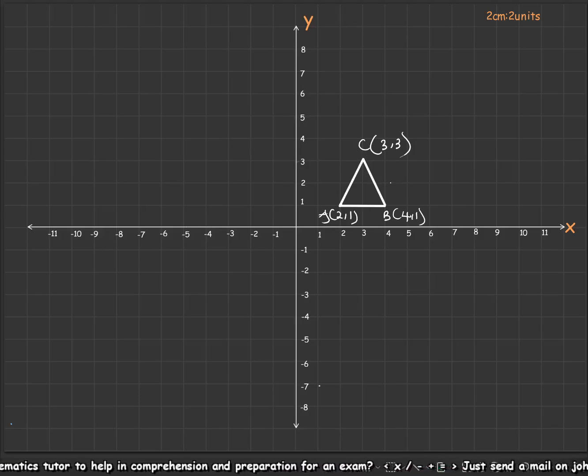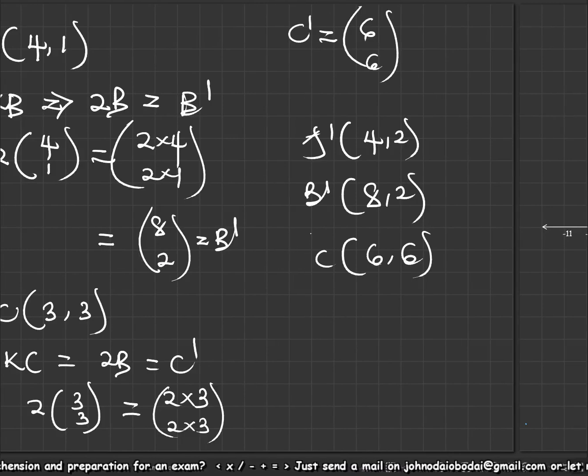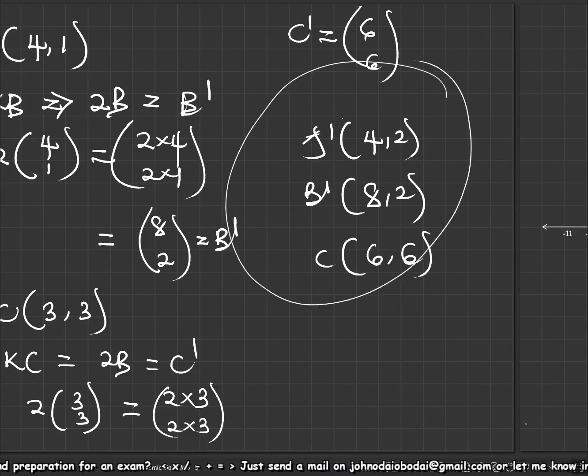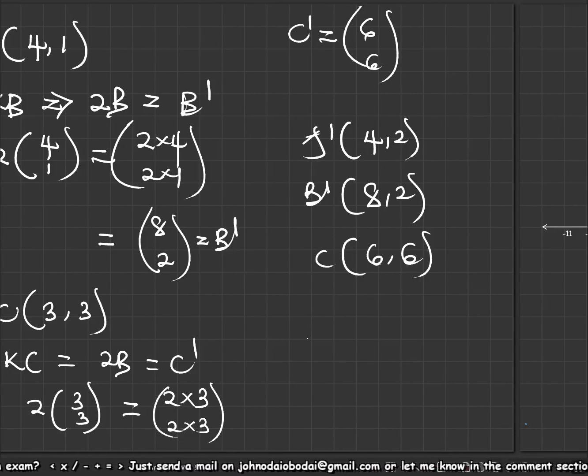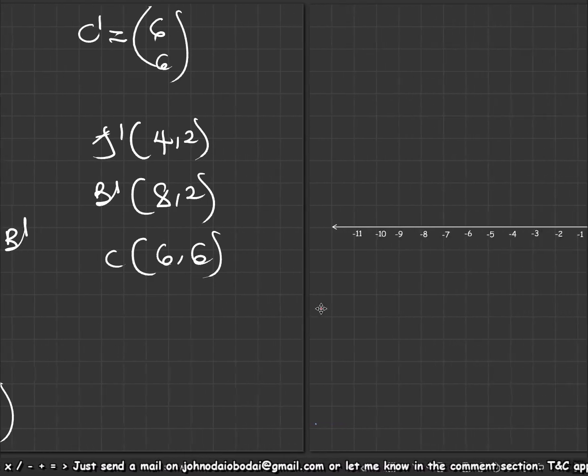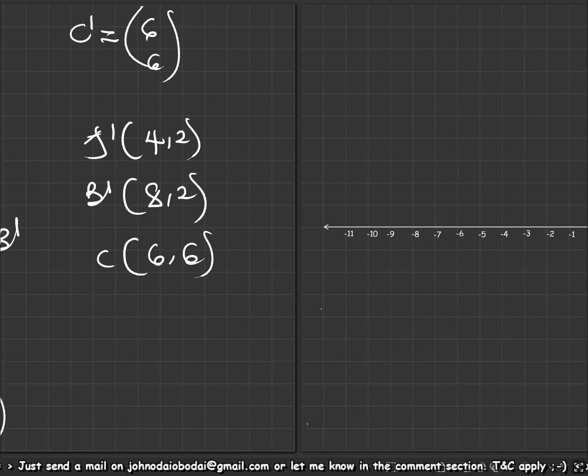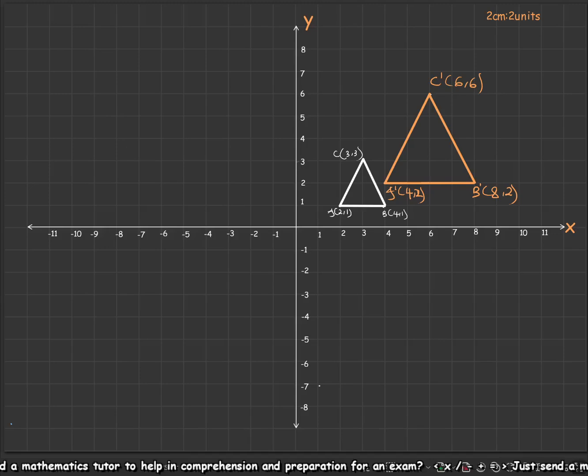So I've just plotted it out straightforward, you see. Then now we come here and look at these coordinates. The next thing we need to do is what? Plot out these coordinates, you see. So I'm going to do that as well. Then I will explain to you what we have to do after plotting out these coordinates. So this is what we have here, you see.